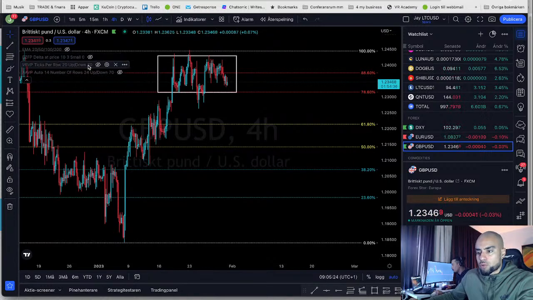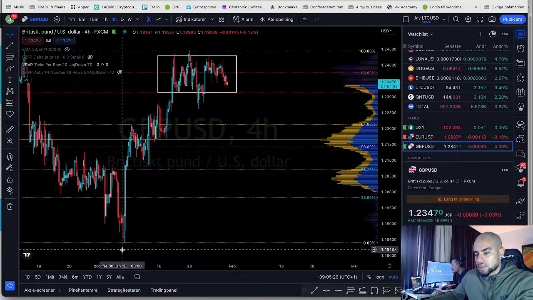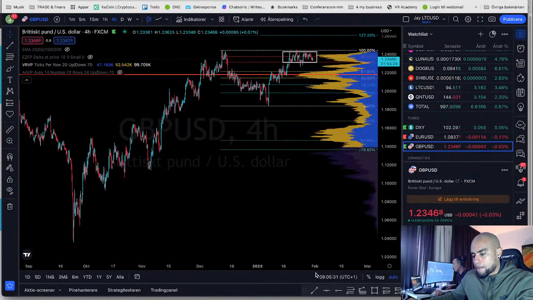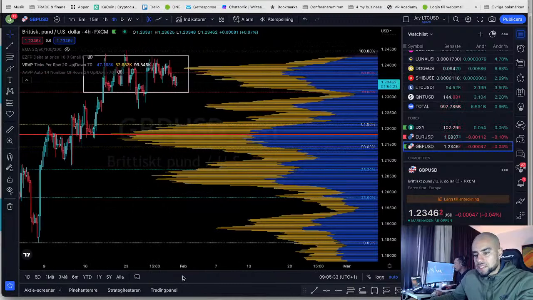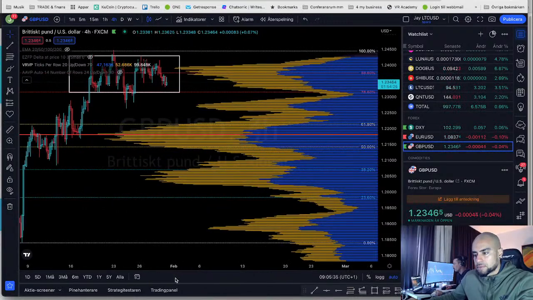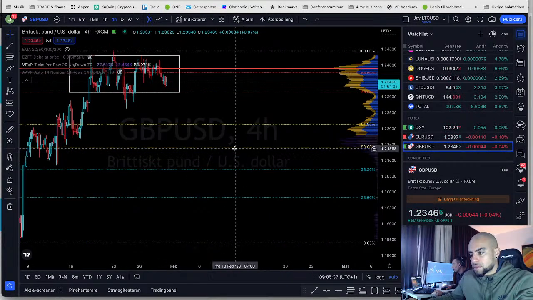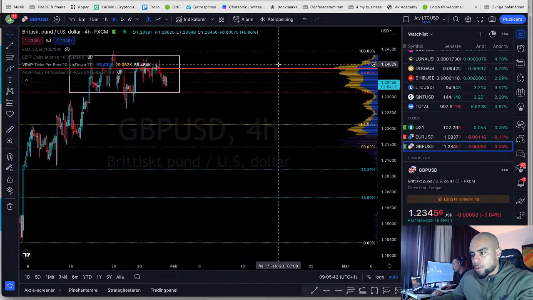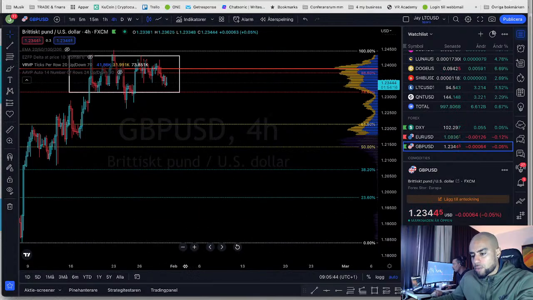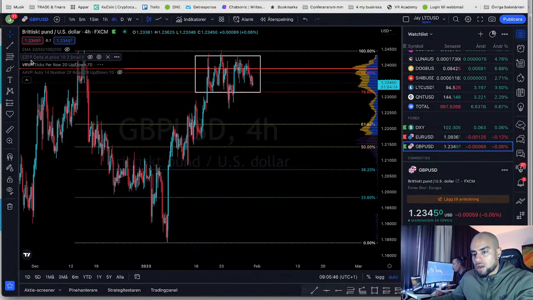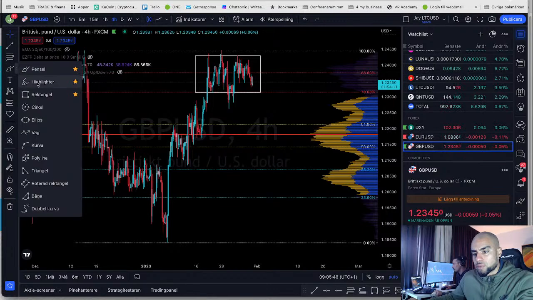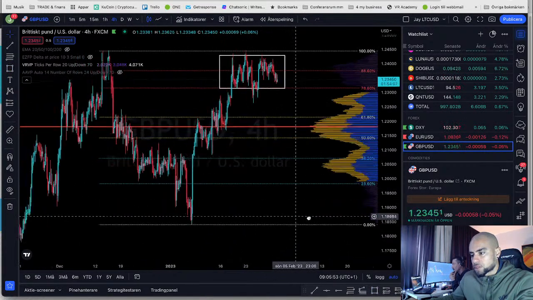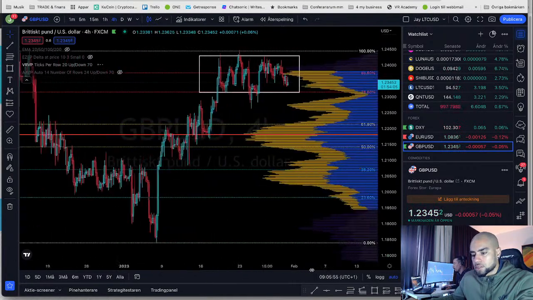So if I pull up the volume profile, this is the volume profile. And I let the volume profile be from this last swing here. Yeah, you see most of the volume. So let me pull a box for where most of the volume is. So we got that.